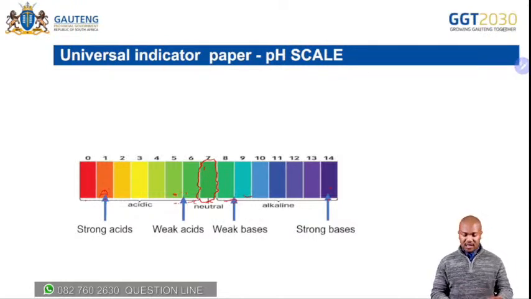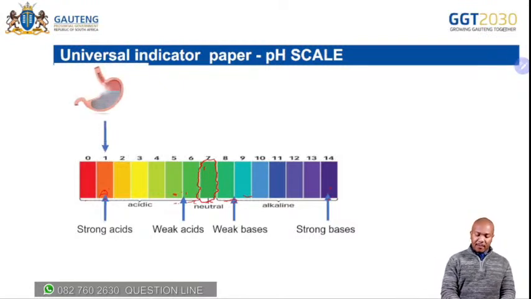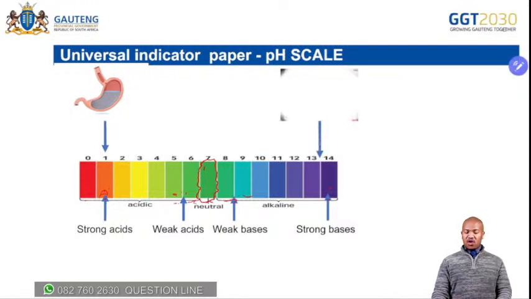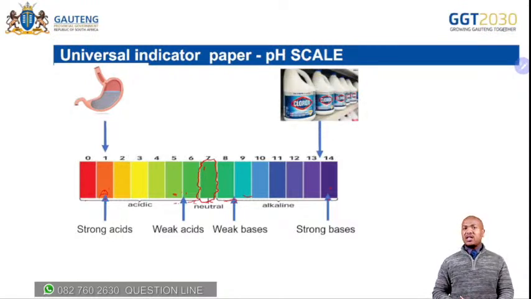Now let's look at some examples of strong acids, strong bases, weak acids, and weak bases. For your strong acids, you have your stomach acid, which is known as hydrochloric acid. And for your strong bases, you have your cleaning detergents, like sodium hydroxide and so on.